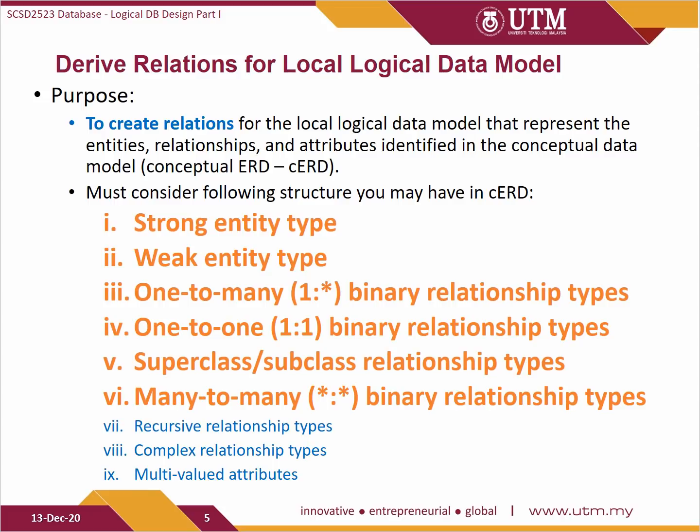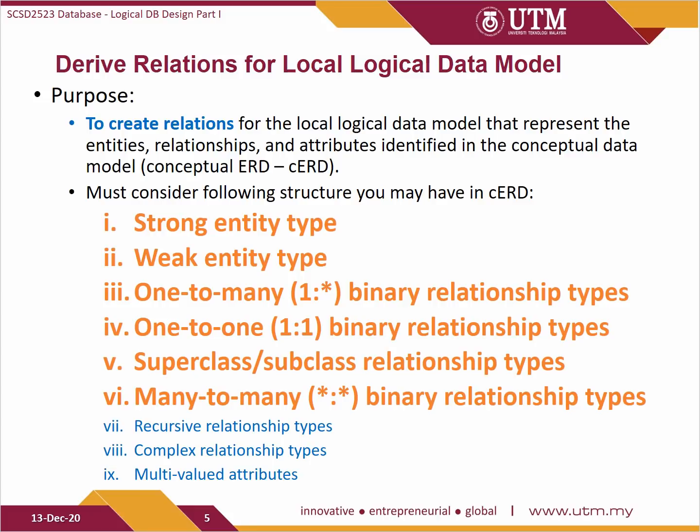Okay, as you can see here, there are 9 structures that we must consider in a conceptual ERD when we want to derive relations. Number 1 is strong entity type. Number 2 is weak entity type. Number 3 is one-to-many binary relationship types.